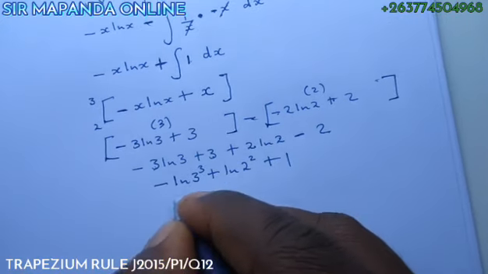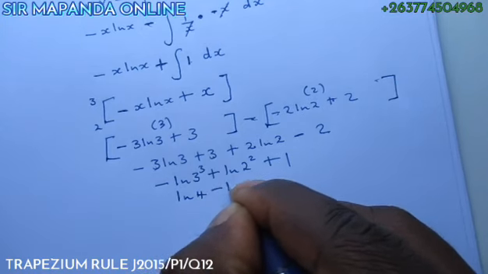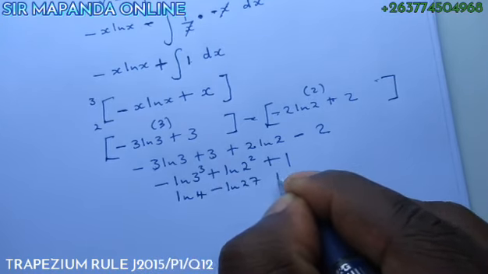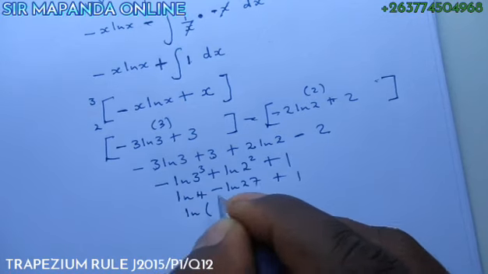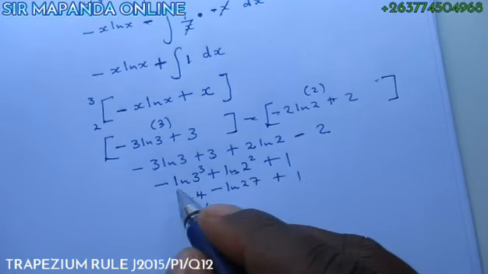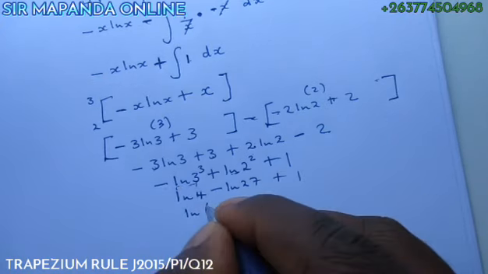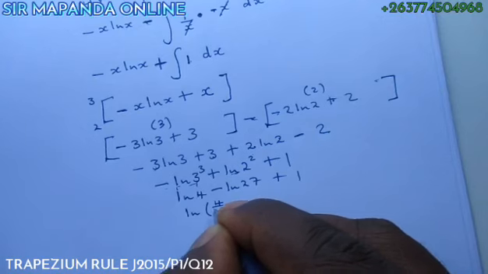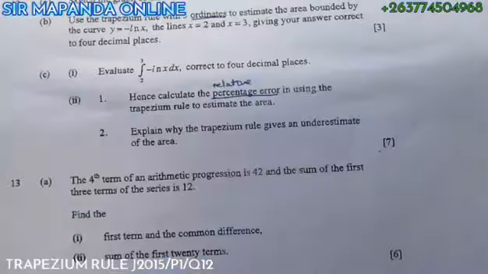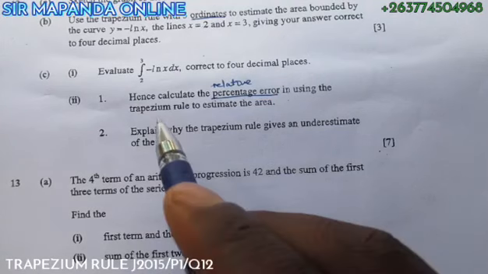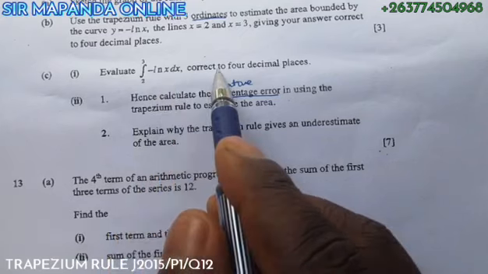Right, so this is now ln 4 minus ln 27 plus 1, which gives you ln 4 is ln 2 squared, ln 27 is ln 3 cubed. So this is ln 4 over 27 plus 1.